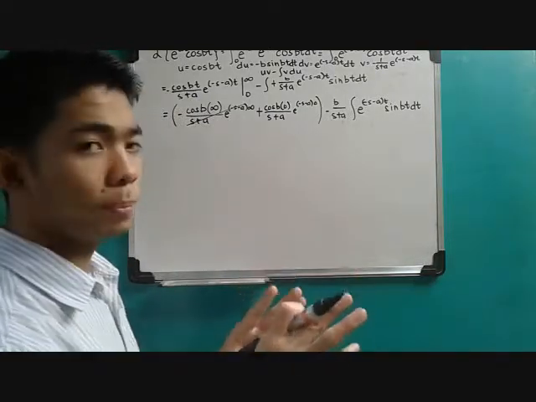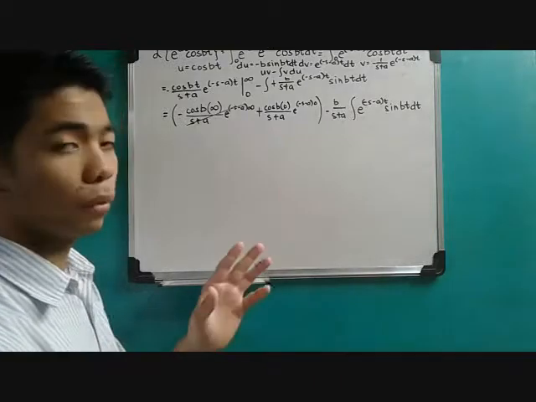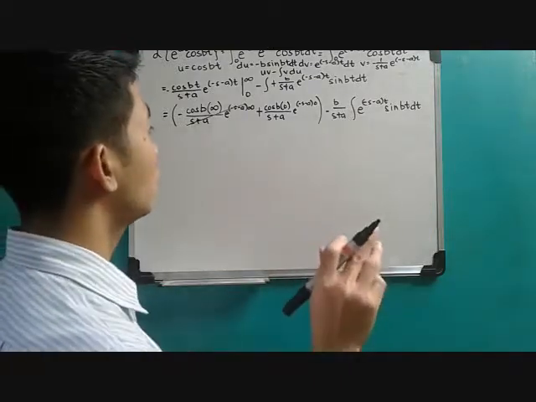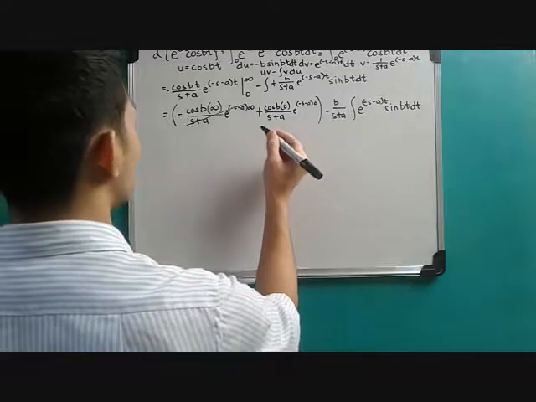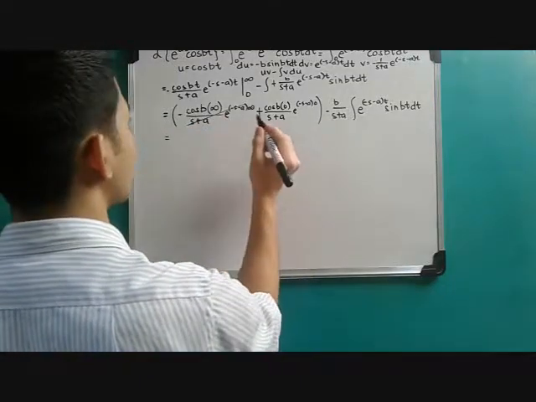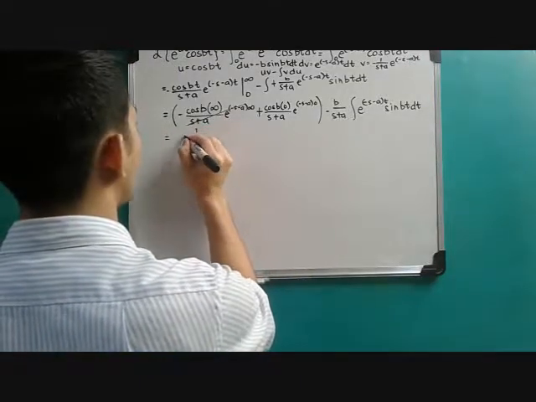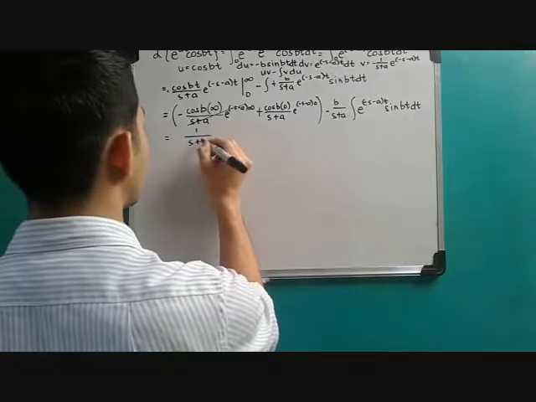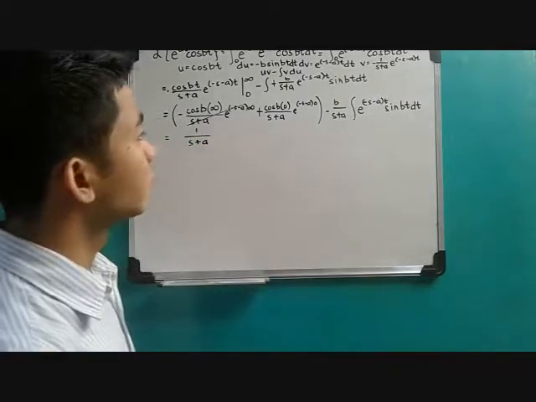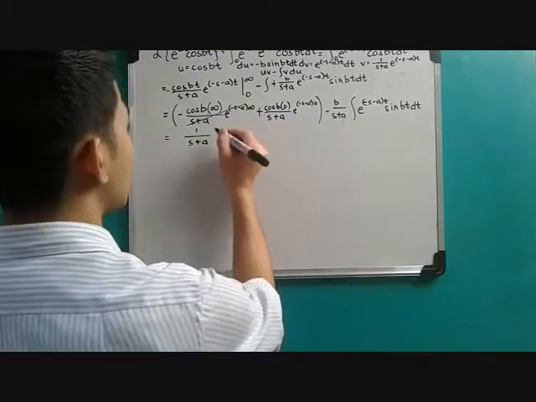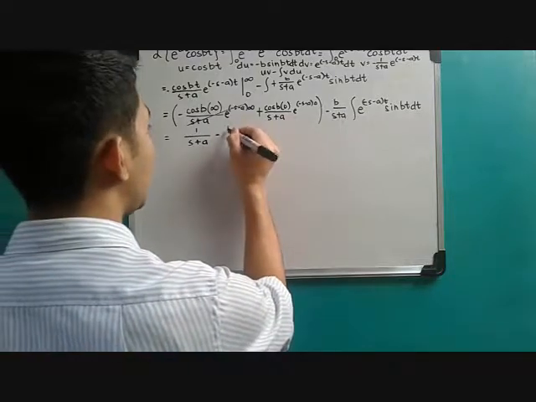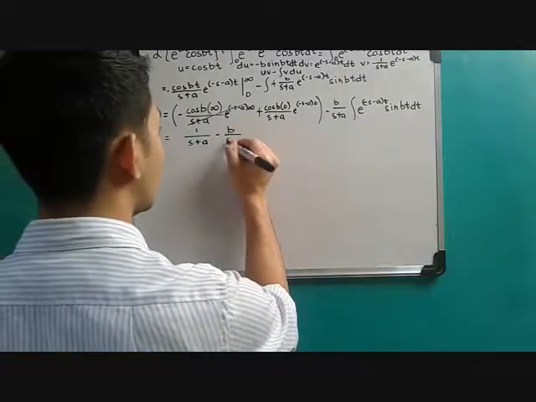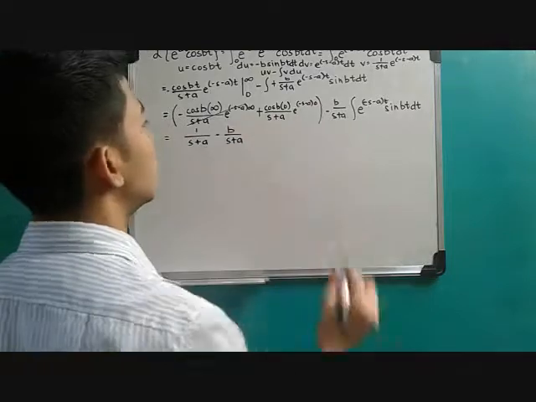So 1 over s plus a times 1 is equal to 1 over s plus a. So this will become 1 over s plus a minus b over s plus a.